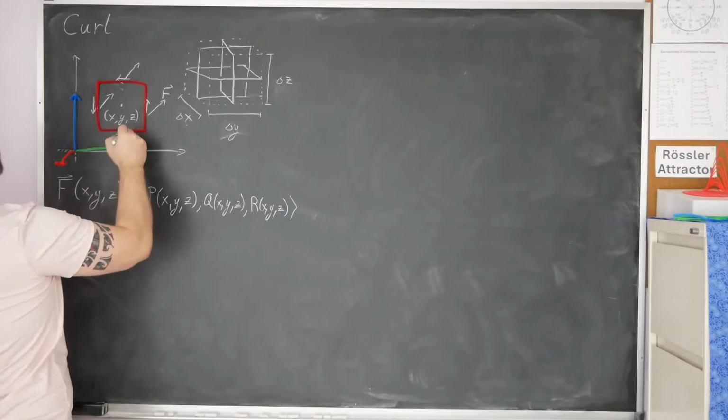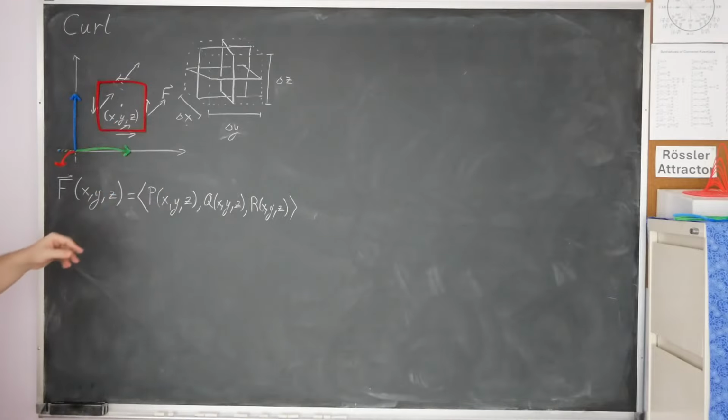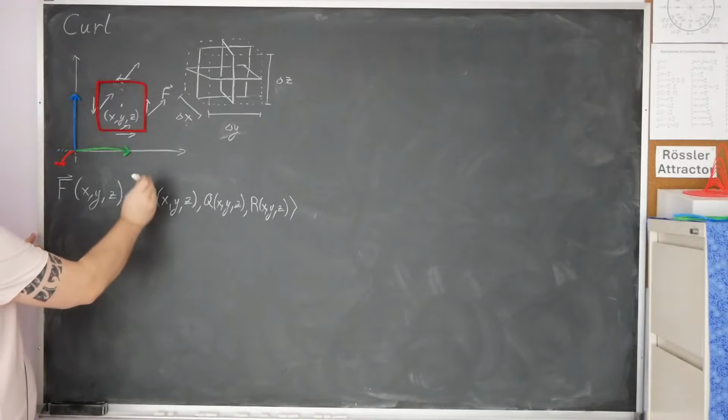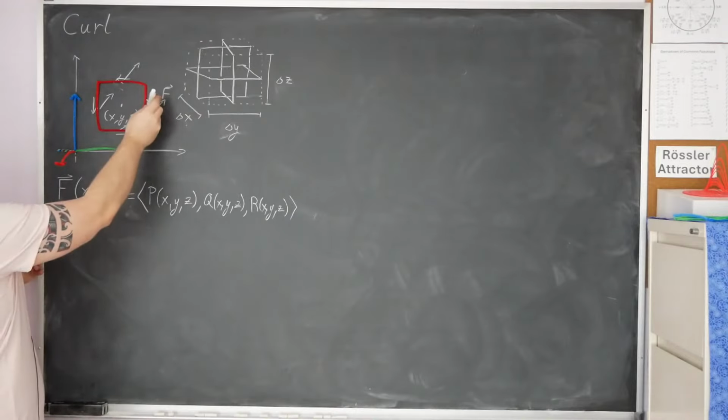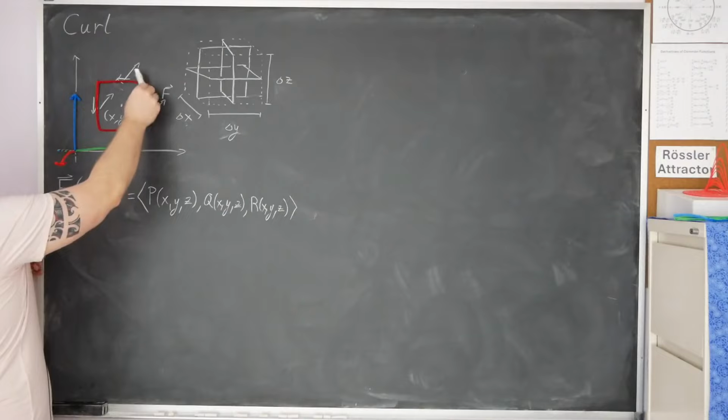So there's some F vectors, and really the P here doesn't matter. That's the part coming out of the board, so it's not going to count for the rotation. It's only going to be the Q and R components, and on each side it's going to be either Q or R.